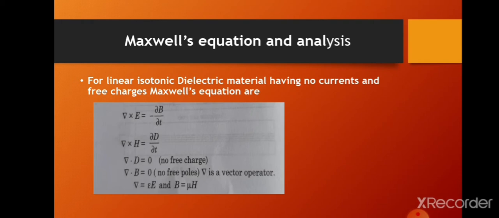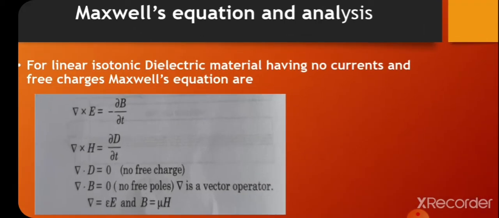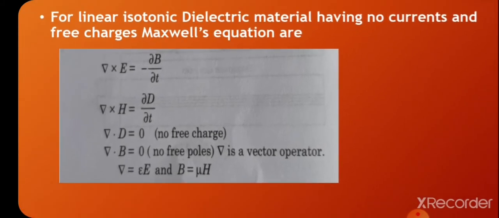In that case Maxwell's equations can be written as, we have studied, del cross E is equal to minus dou B by dou T, del cross H is equal to dou D divided by dou T, del dot D equal to 0 because it is assumed that there is no free charge, and del dot B is equal to 0, because there are no free poles. And you know that del is a vector operator.